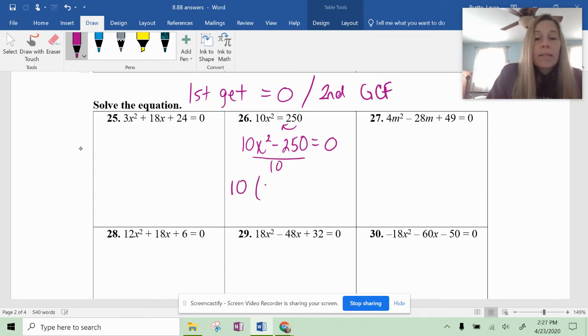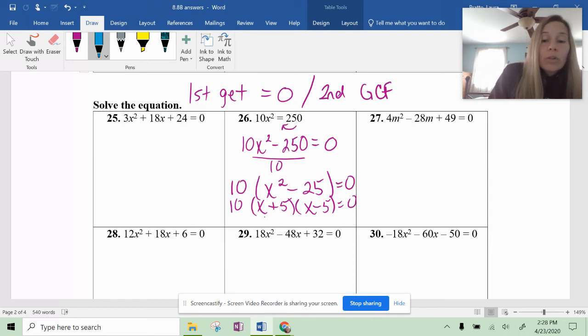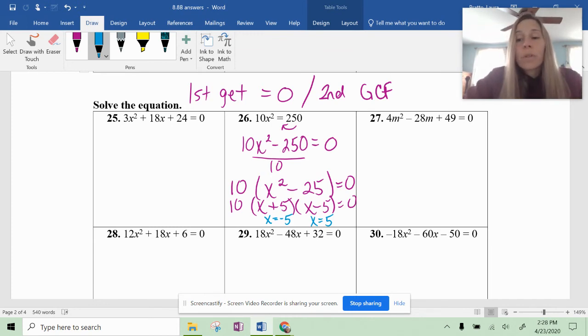So if I take out my 10, I'm left with x squared minus 25. Now this particular one is a difference of two squares problem because 25 is a perfect square and there's a subtraction sign, so we can do x plus 5 and x minus 5. So then that would mean our solutions are x equals negative 5 and x equals positive 5. So let's say we were going to do number 28.